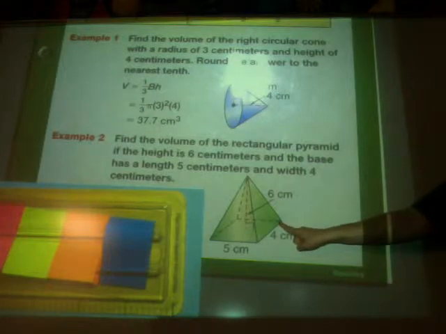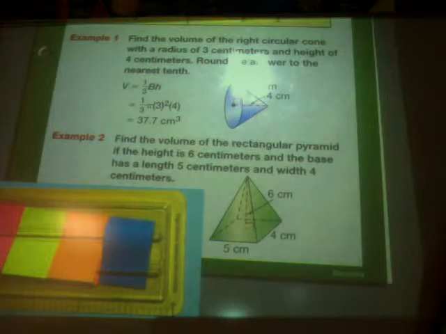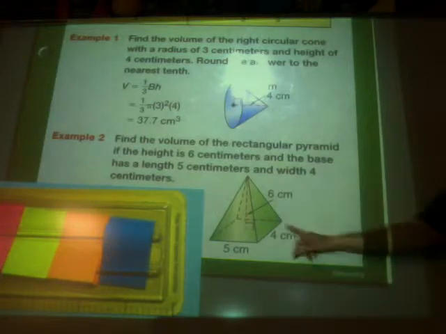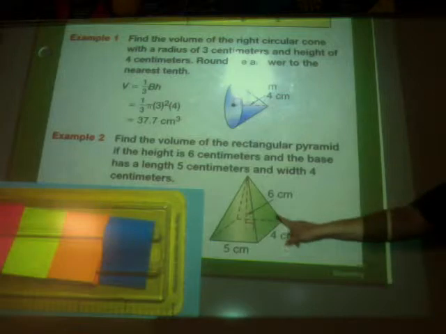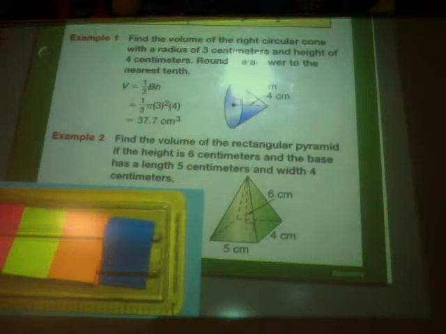Squares form what type of triangle when you have a full diagonal? 45, 45, 90. You might have to pull in that knowledge of a special right triangle to help you solve, and it would avoid you having to do Pythagoras theorem twice. It would be a shortcut to that kind of problem.